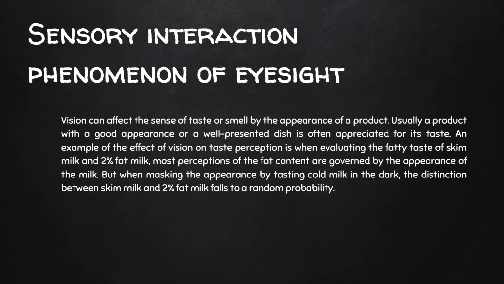Vision can affect the sense of taste or smell through the appearance of a product, usually a product with a good appearance or a well presented one. This is often a reason for the aesthetic. An example of the effects of vision on taste perception is when evaluating the affected taste or smell.